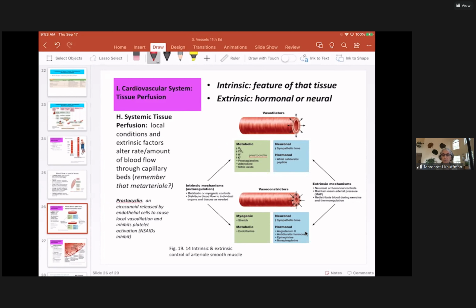Extrinsic is where we've been mostly talking about it, but here are these local signals that might be able to override a sympathetic tone here. It typically can't override angiotensin 2 plus the sympathetic tone, and certainly not if you had ADH, angiotensin 2 and increased sympathetic.